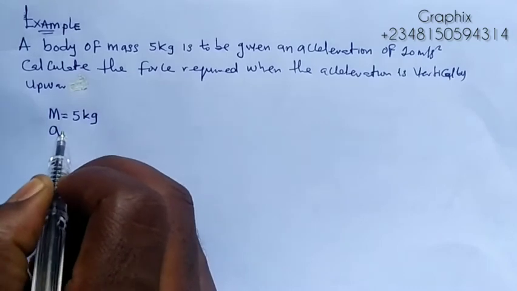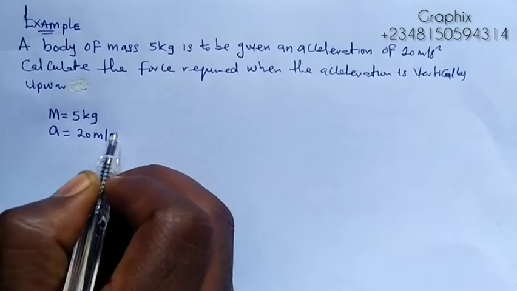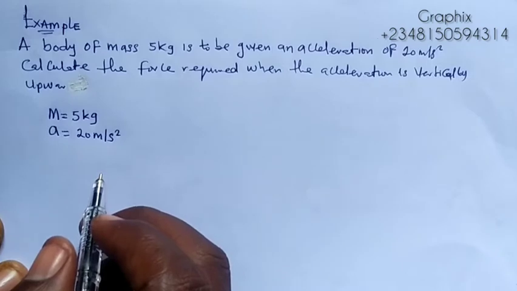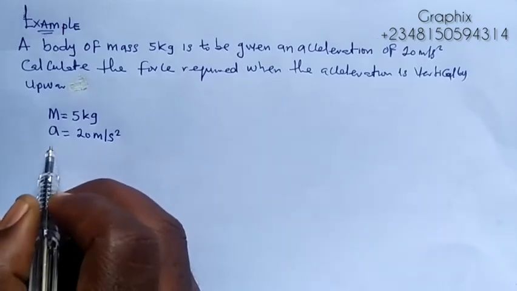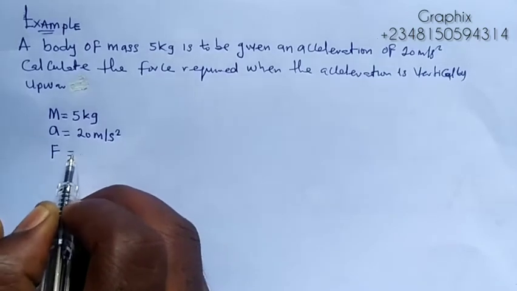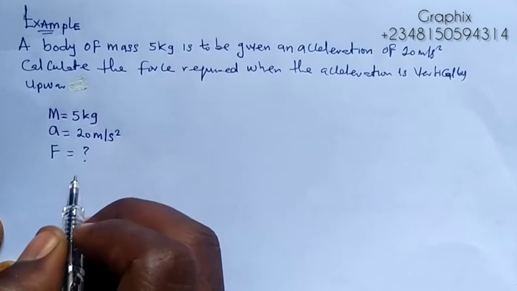The acceleration is 20 meters per second square. Calculate the force required when the acceleration is vertically upward. So we should look for what? Our force required when the acceleration is what? Vertically upward. Is that the key?